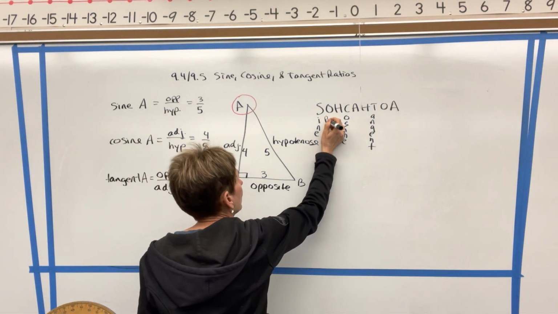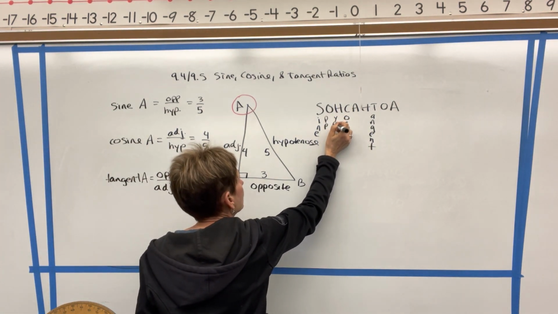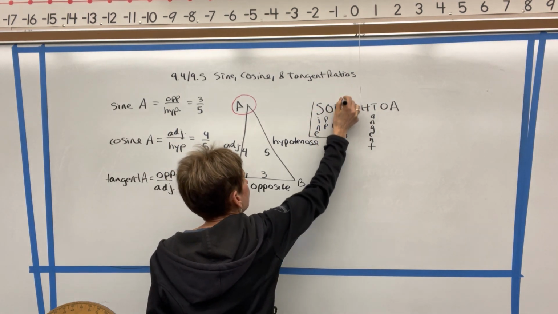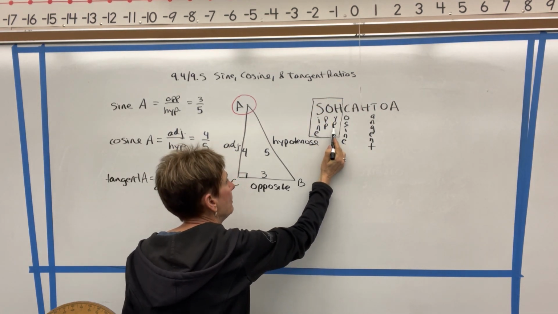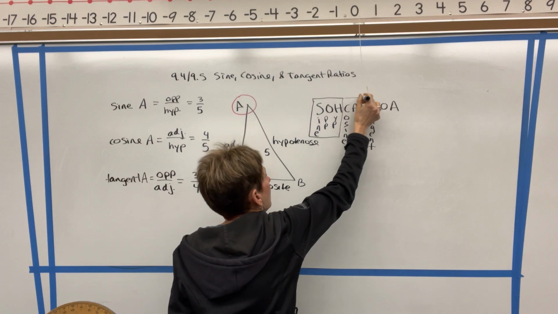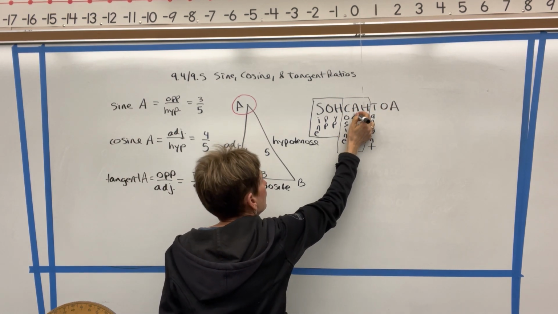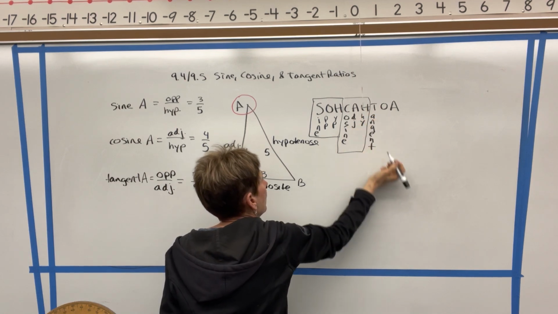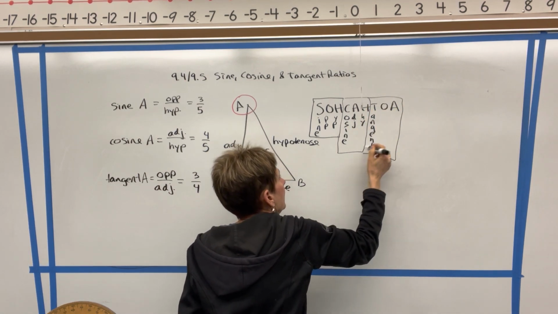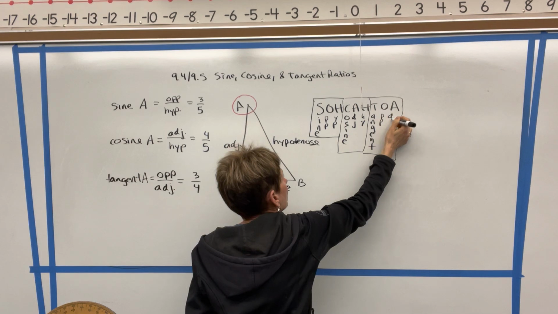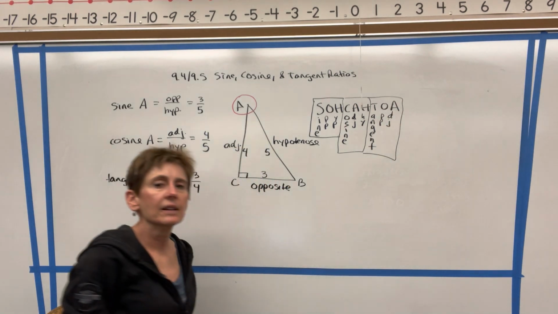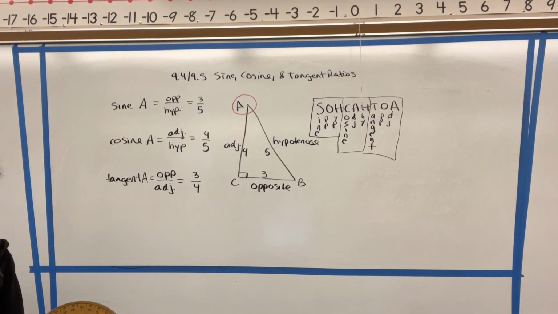So O is for opposite and H is for hypotenuse. So we can see, for example, that sine is opposite over hypotenuse. When we look at the next three letters, cosine is adjacent over hypotenuse. And then tangent would be opposite over adjacent. So that is just a simple way to remember sine, cosine, and tangent.